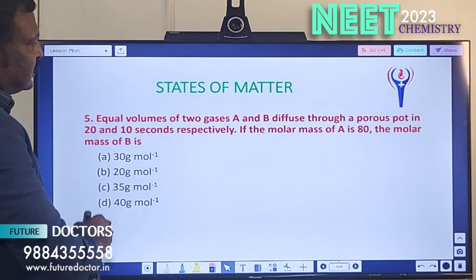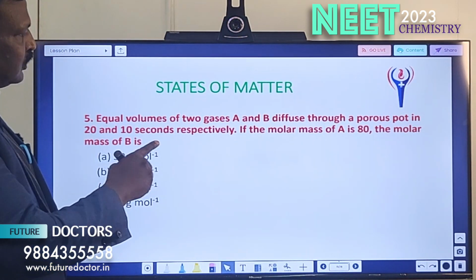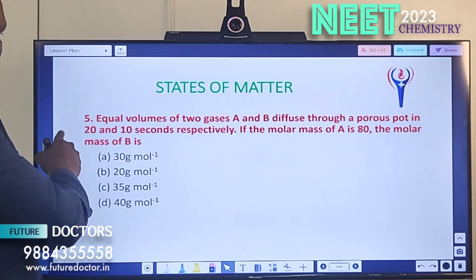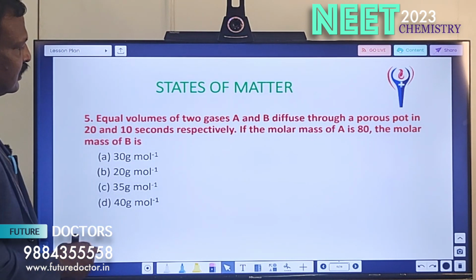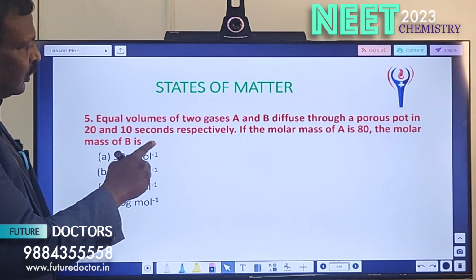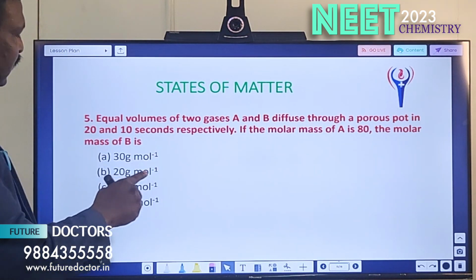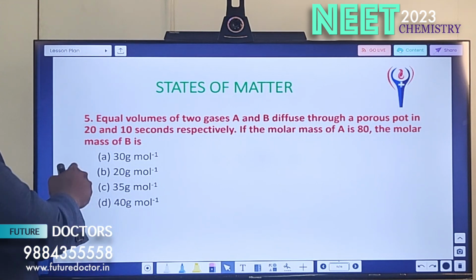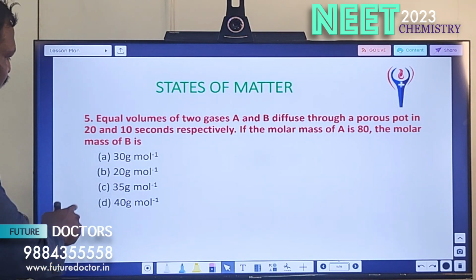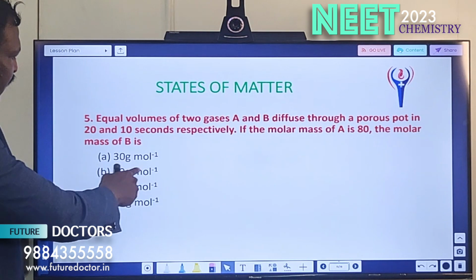See the fifth one. Equal volumes of two gases A and B diffuse through a porous plug in 20 and 10 seconds respectively. If the molar mass of A is 80, the molar mass of B is what? That's the question. Option A 30 gram per mole. Option B 20 gram per mole.